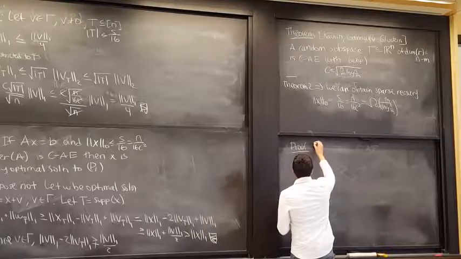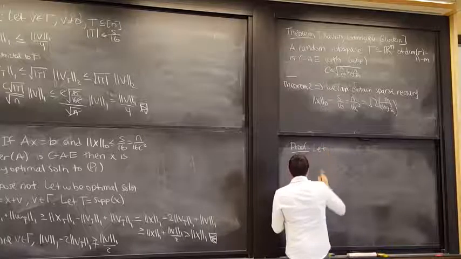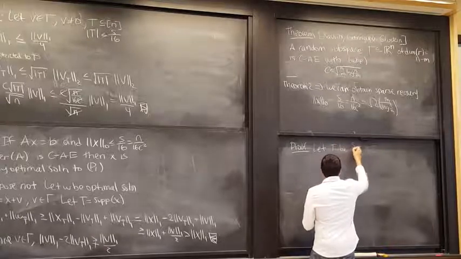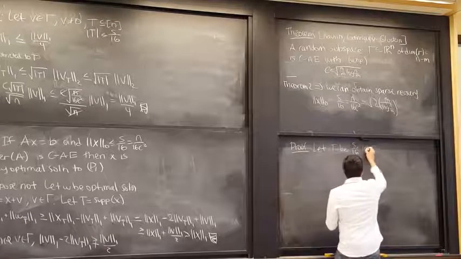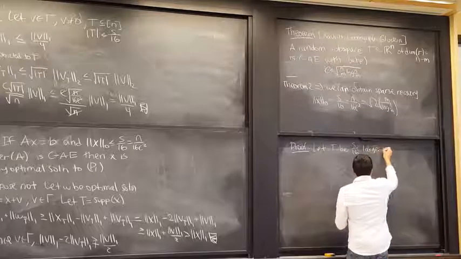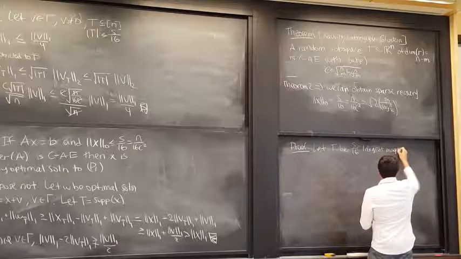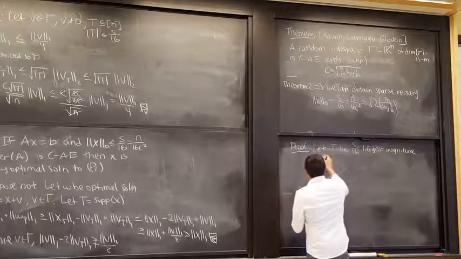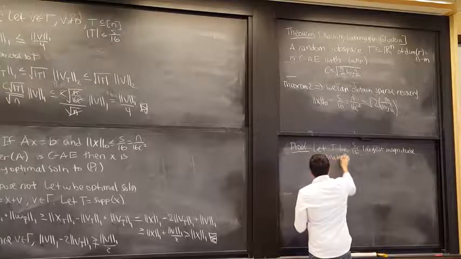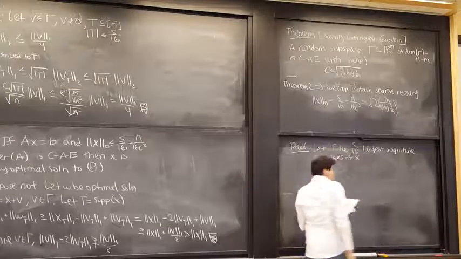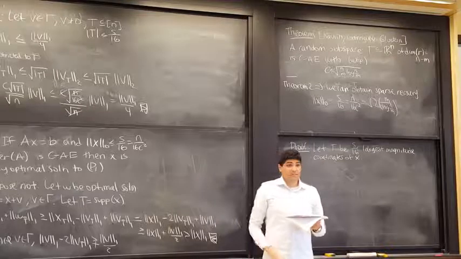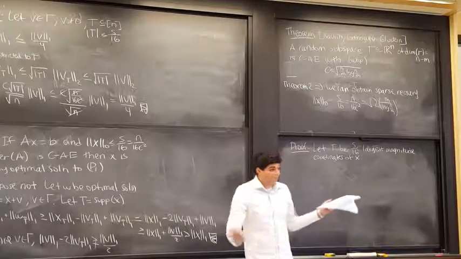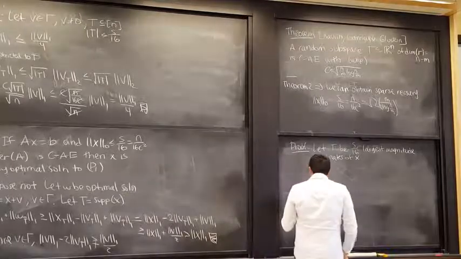We started off with T being the support of x. Instead, what I'm going to do is let T be the S over 16 largest magnitude coordinates of x. Already that step is a generalization of theorem 2, because T was otherwise the support of x, which if x were exactly k-sparse, would have gotten exactly the same thing.